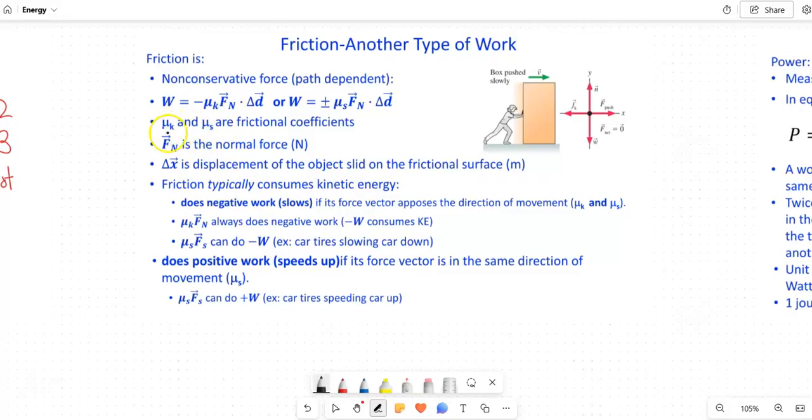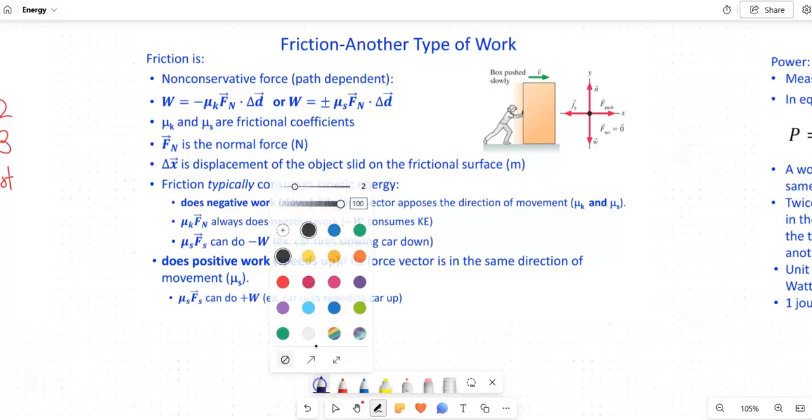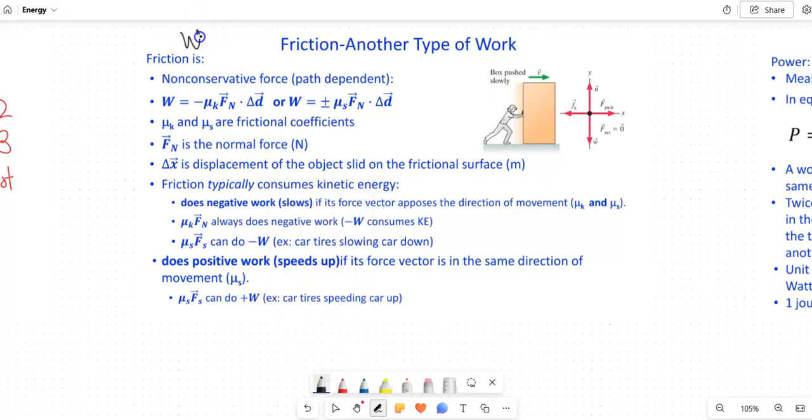Going back to work being force times displacement, friction is mu sub k or mu sub s times the normal force, times the displacement. So it's the friction force times the displacement. You have kinetic friction and you have static friction.